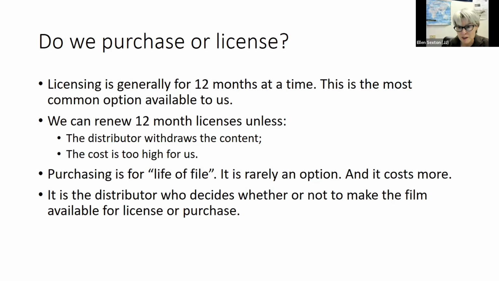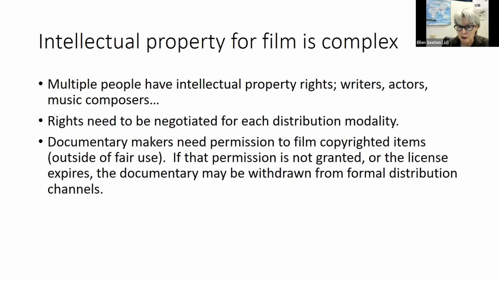To purchase the same content, if it's available at all, is maybe $500. And then we have to pay a hosting fee anyway of about $25 a year in perpetuity, or as long as the file lasts from then on. And it's the distributor who decides how they want to sell the content to us.